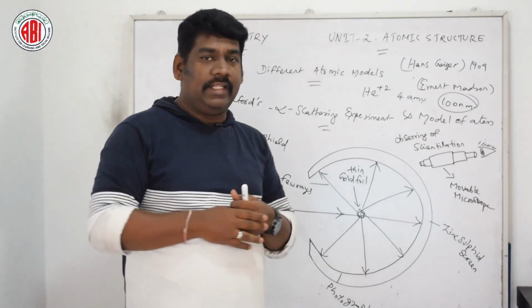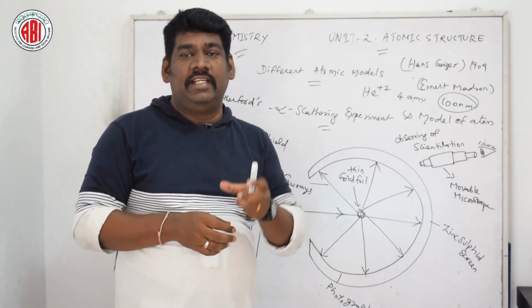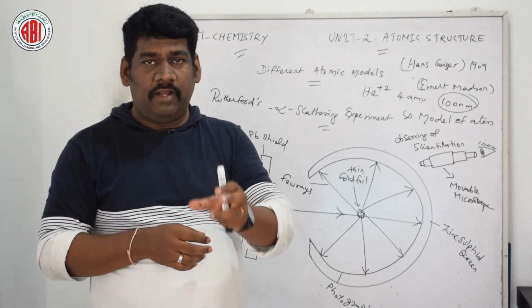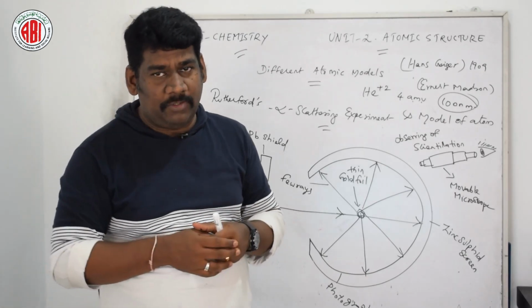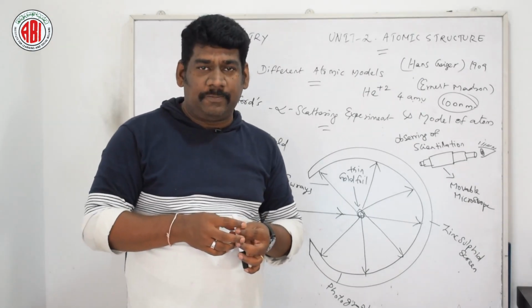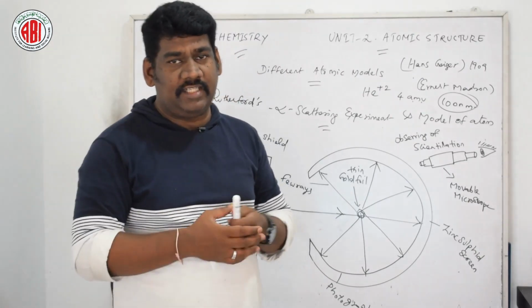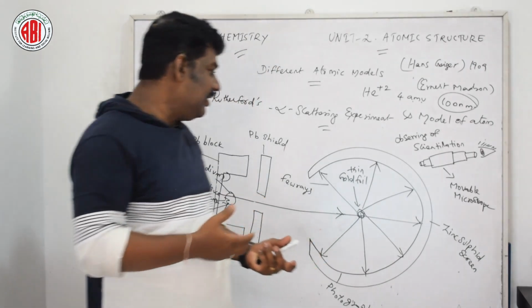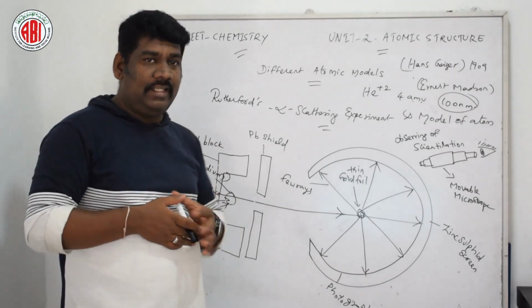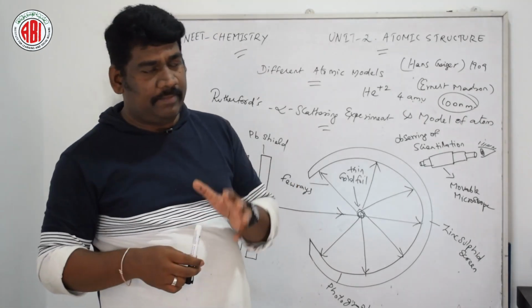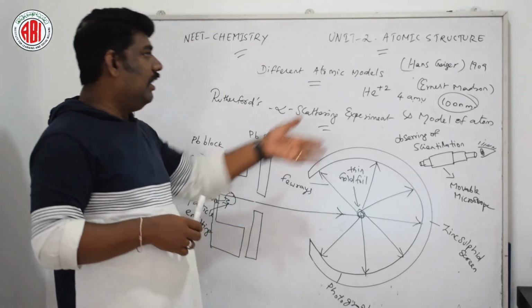Finally, he concluded that this heavy particle, occupying a small volume at the center of the atom, is called the nucleus, and it is present at the center of the atom and can deflect these positively charged alpha particles. These are the observations and comparison of J.J. Thomson's atomic model by Rutherford and his team.